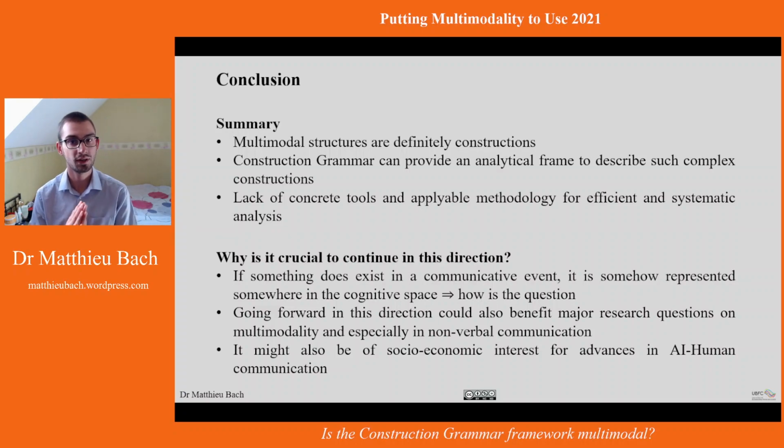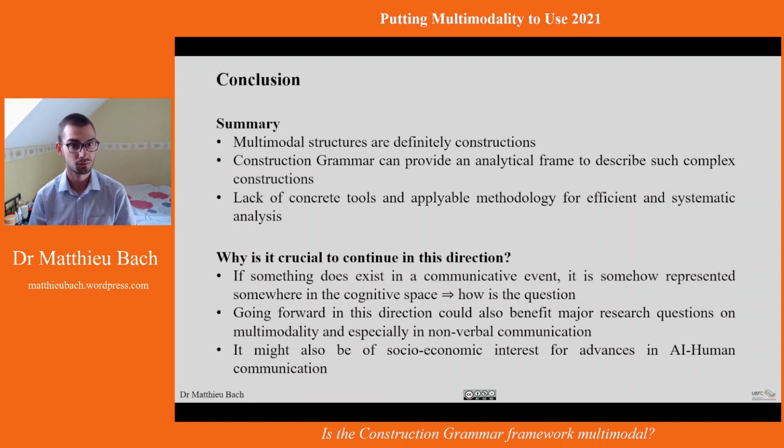Construction grammar can provide an analytical frame to describe such complex constructions. As I showed you with these three examples, it could work. But one must say that there is a lack of concrete tools and applicable methodology for efficient and systematic analysis.